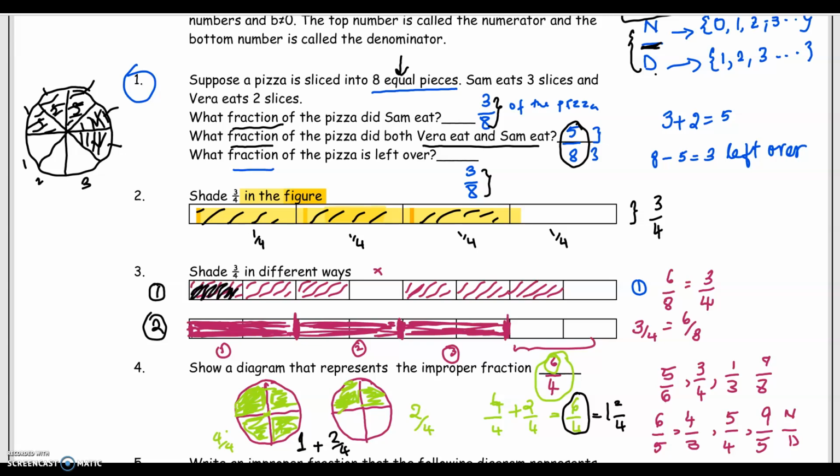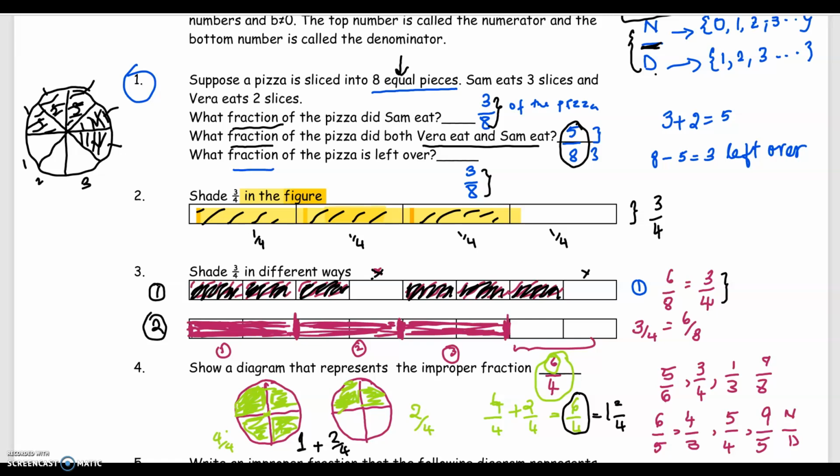Next I have 1, 2, 3 out of the 4 equal parts, and I leave the fourth one a blank. What I have is 6 out of 8 equal parts, which is the same as 3 out of 4 equal parts. Now in the next example, let me just erase this. We can do it again.